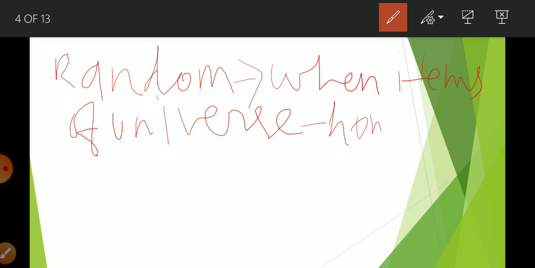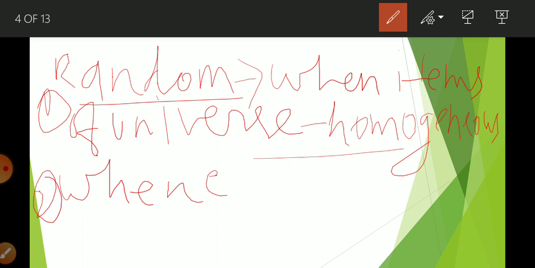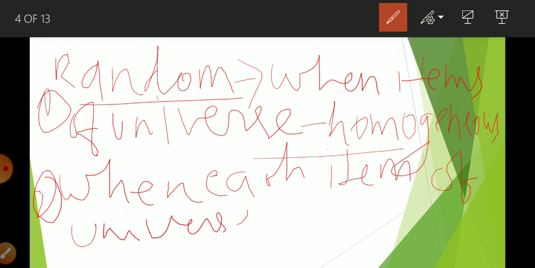When they are homogeneous, means all items are the same, we use random sampling. So this is your first point and this is your second point. And when each item of the universe is what?